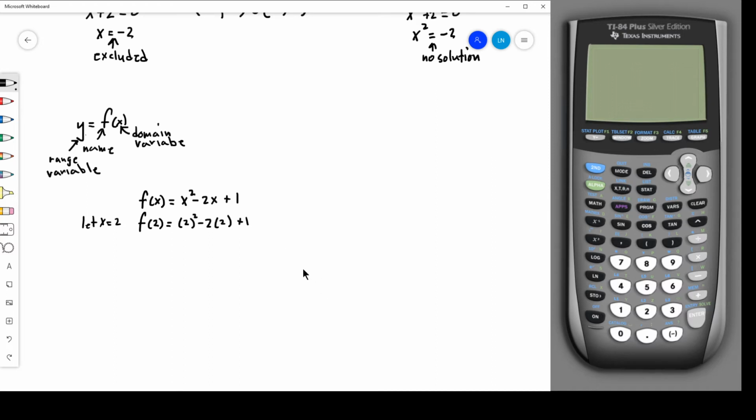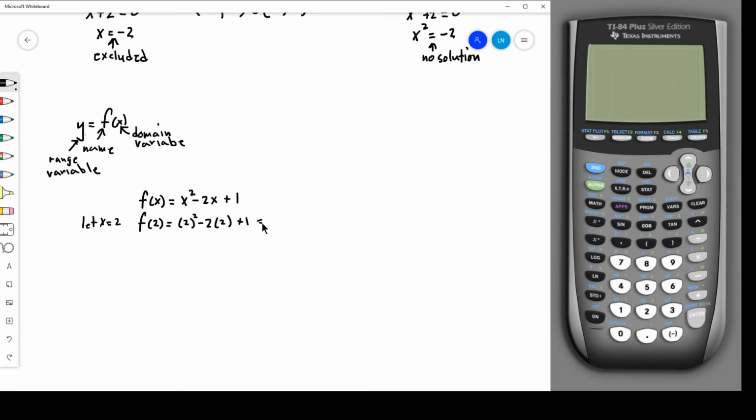Notice when I replace into the function, I use parentheses. Always use parentheses when you drop a number into a function. If you always use parentheses, you will eliminate any possible mistakes that can be gotten from signs. I'll drop a negative number in in a minute and you'll see what I mean.